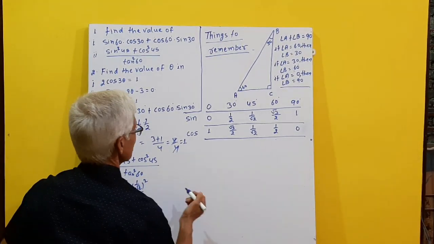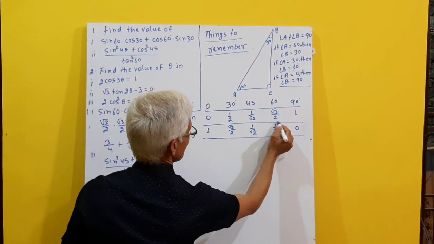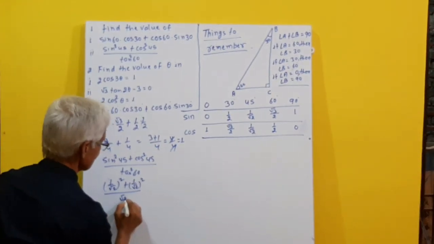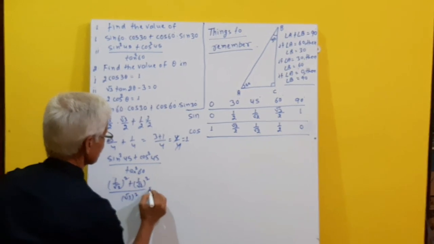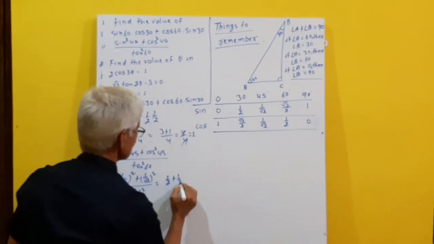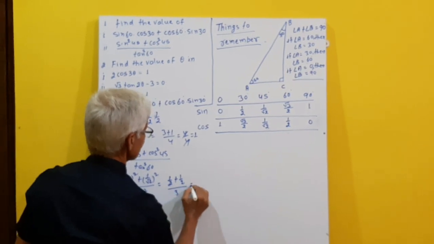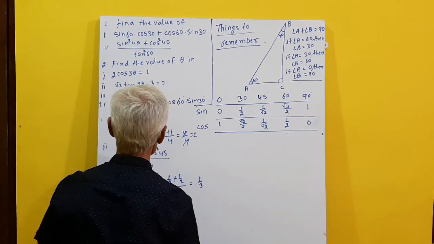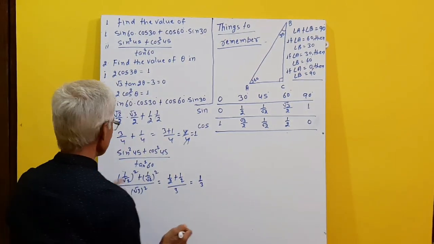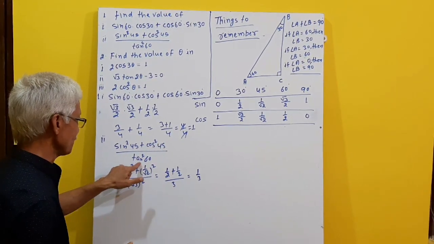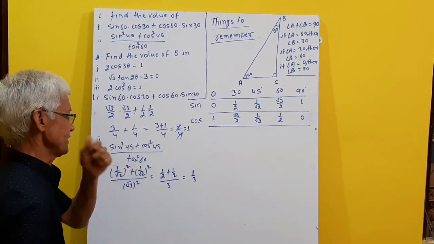Tan 60 is root 3, so its square cancels the root, giving 3. So it is 1 upon 2 plus 1 upon 2. This will be the value of sin square 45 plus cos square 45 upon tan square 60.